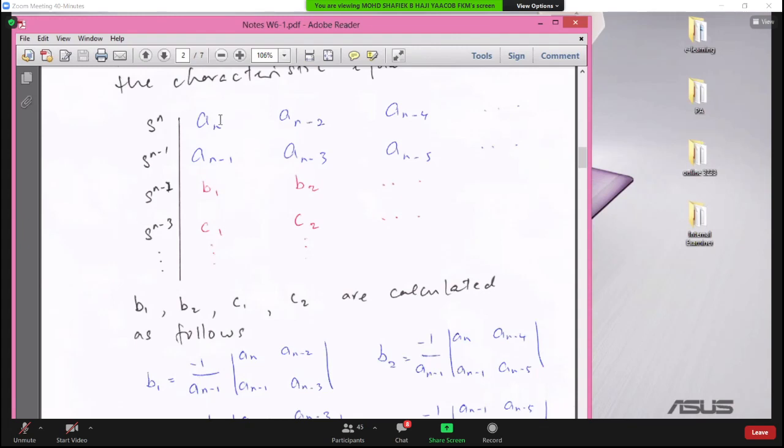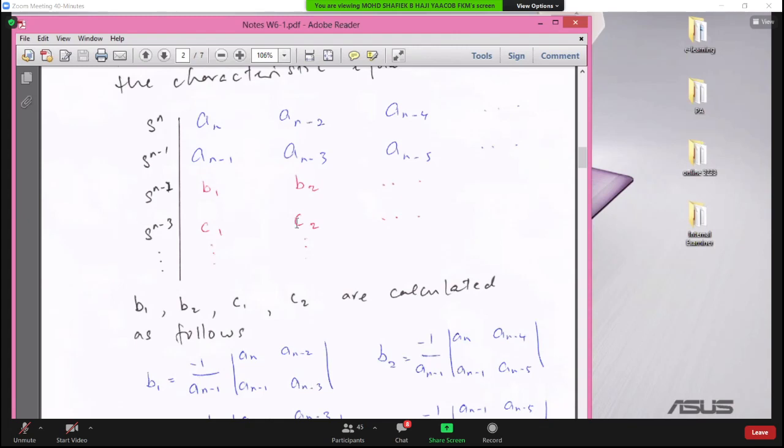So you take -1 divided by an minus 1 and multiply by the determinant of the two rows above B1, so the determinant of an, an minus 2, an minus 1, an minus 3.